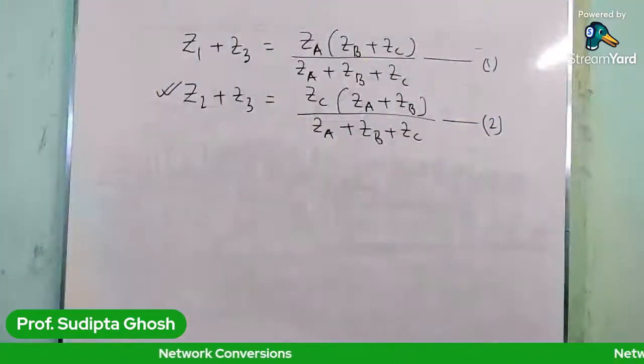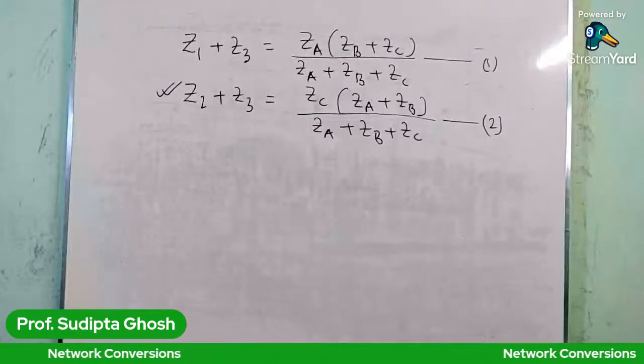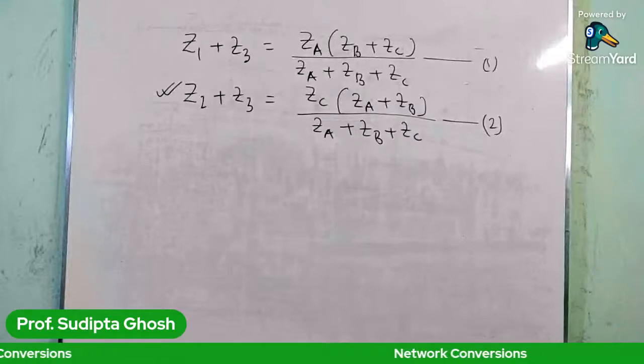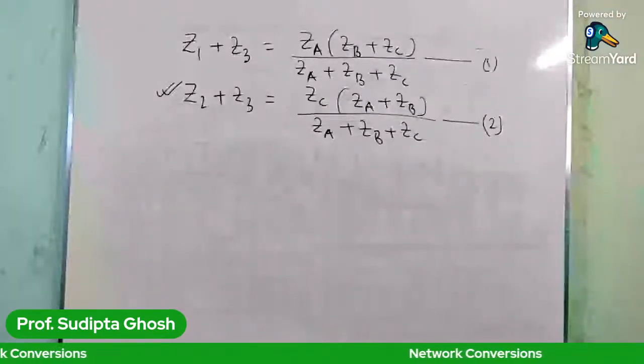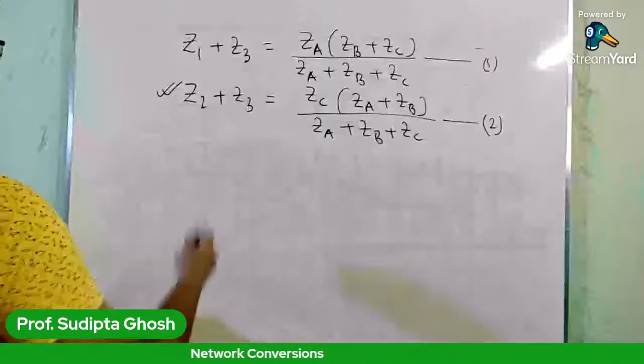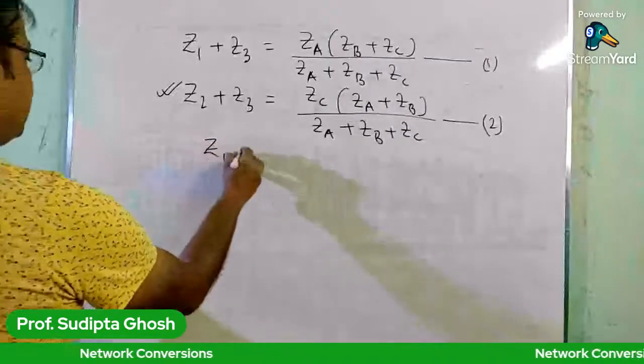Now to derive those equations, that is the inverse transformation from T to pi, we substitute equation 2 in equation 3. Already I have wiped equation 3, so let's rewrite it.